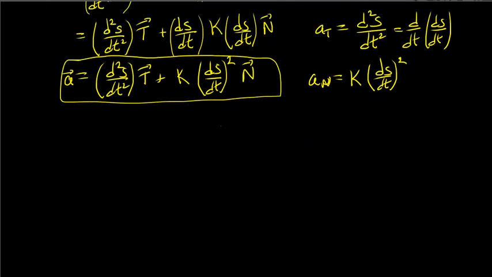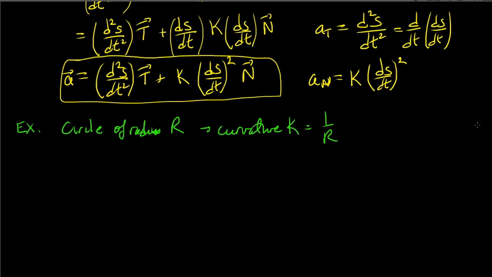Before we go, I just want to bring this back to one example we did earlier: the circle of radius capital R. Remember that the curvature kappa was just the reciprocal, 1 over R. So in that case, we can write the normal acceleration as kappa times the derivative of s squared.